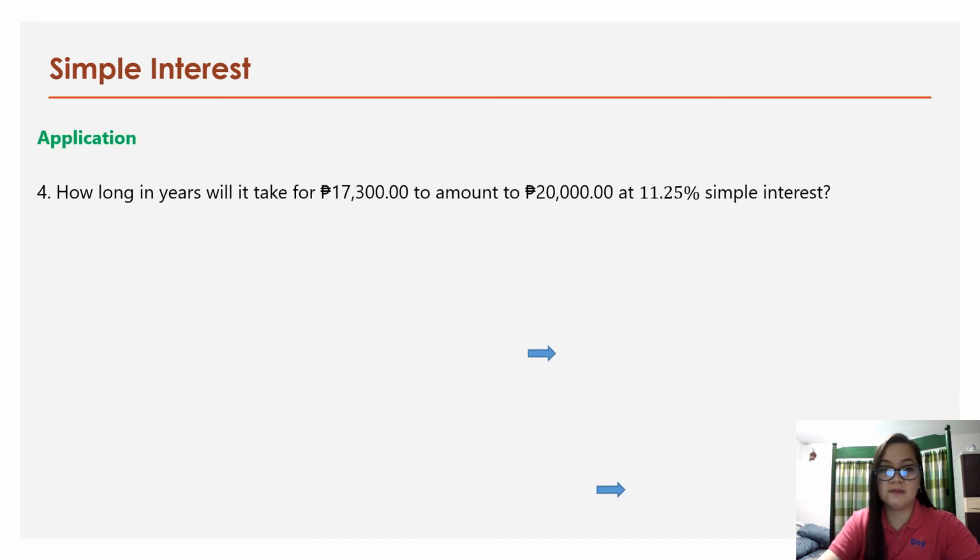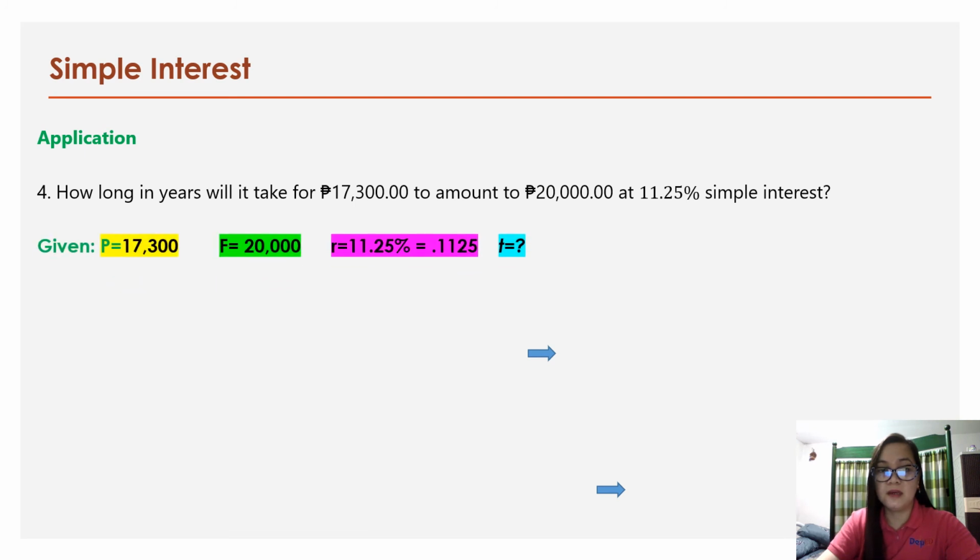Okay, next, we have here number 4. How long in years will it take for 17,300 pesos to amount to 20,000 pesos at 11.25% interest rate? Okay, these are the given. We have here 17,300.